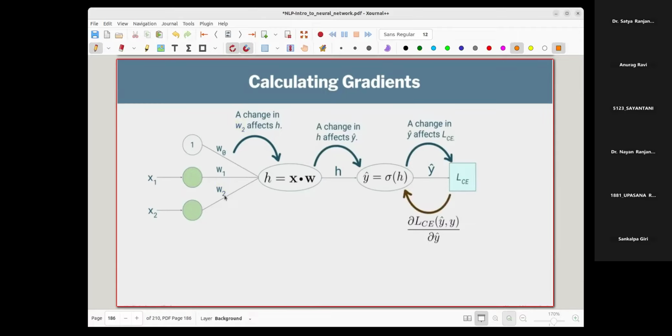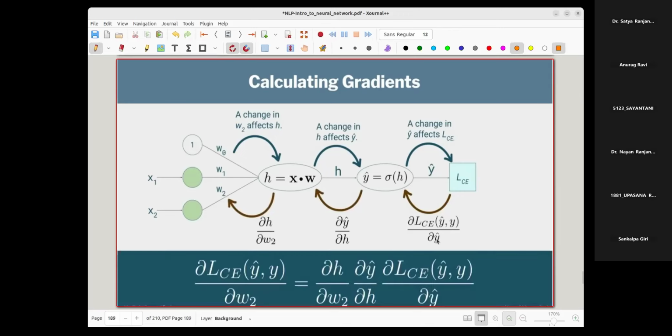Now very simple, you just calculate the derivative of the loss function with respect to Y cap, then Y cap with respect to H, then H with respect to W2. Lastly, you just multiply all these derivatives, and you will get the final gradient of loss with respect to W2.